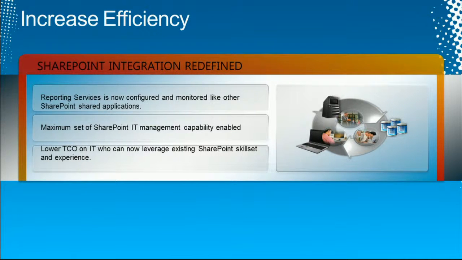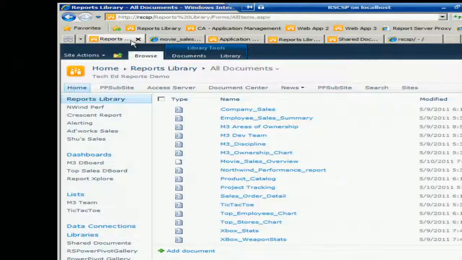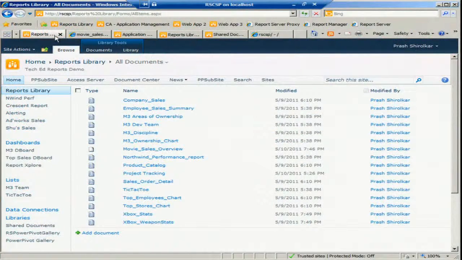Now, before I go into the architecture, as I promised, I'd like to show you some of the functionality that we want you to use with our reporting services integration with SharePoint. So, quick overview.